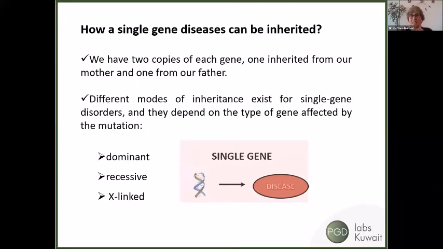There are different ways that these genetic diseases are transmitted from parents to children, and the pattern will depend on the type of gene. Generally speaking, we can distinguish three types: dominant diseases, recessive diseases, and X-linked diseases. I'm going to explain each one in a little bit more detail.